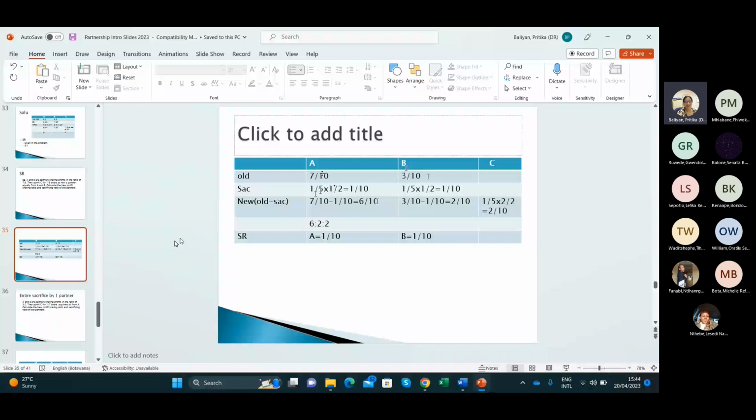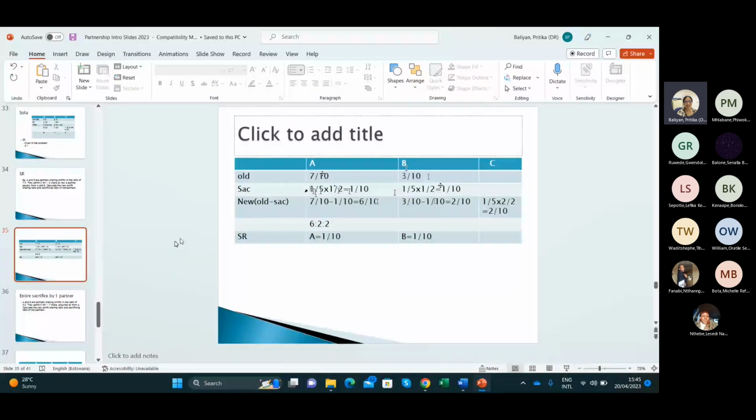Equally means half, so half of 1/5 is 1/10. Half will come from A and half from B. They are equally sacrificing, so the sacrifice is 1/10, 1/10.